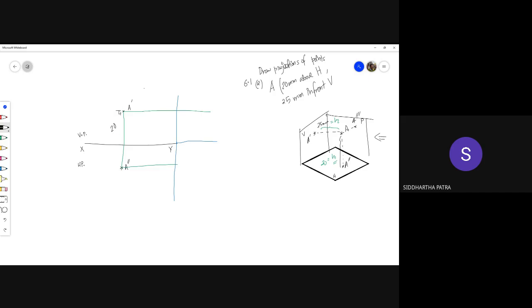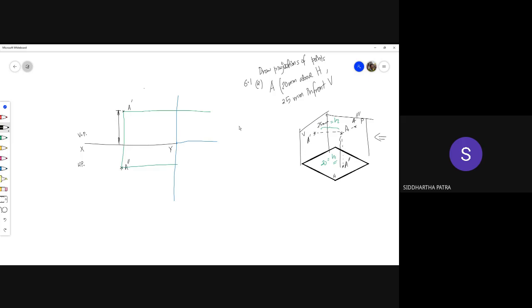Okay, you can put a dimension. There are two ways to dimension something. One is the aligned mode, the other one is unidirectional. We would be going by the aligned mode, which basically means this vertical dimension should be read from the right.